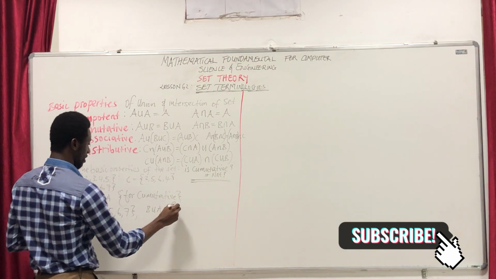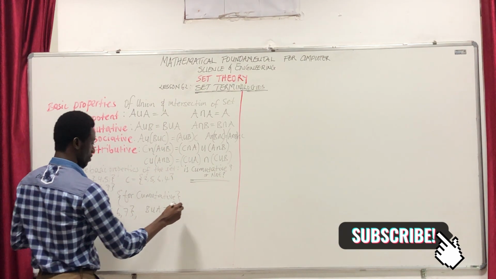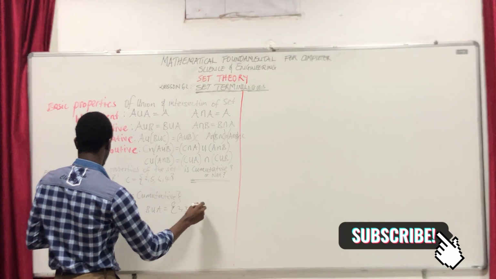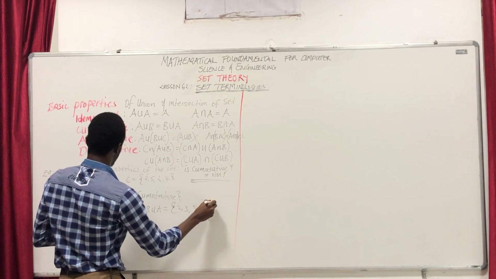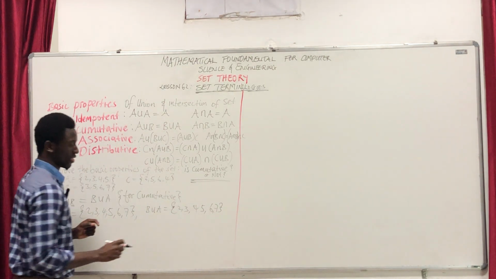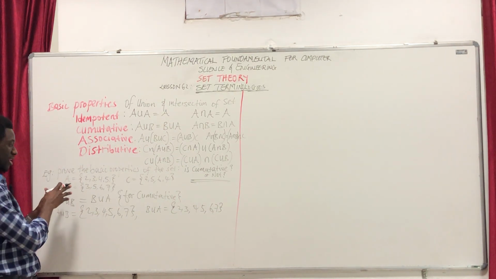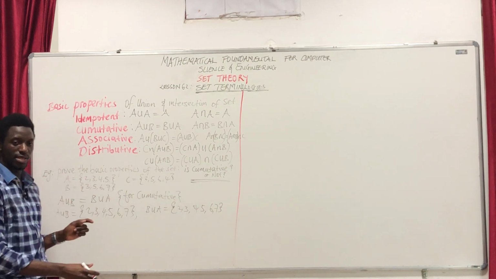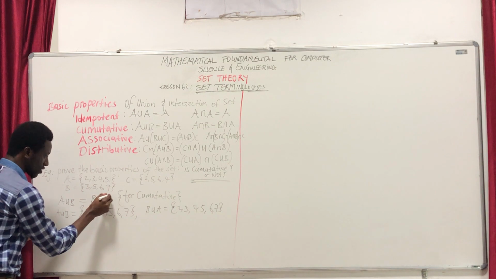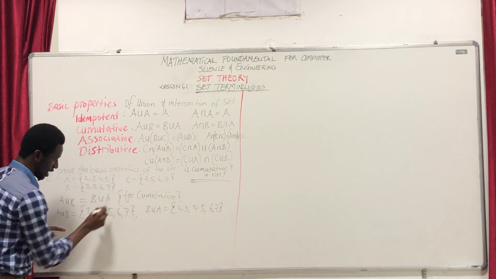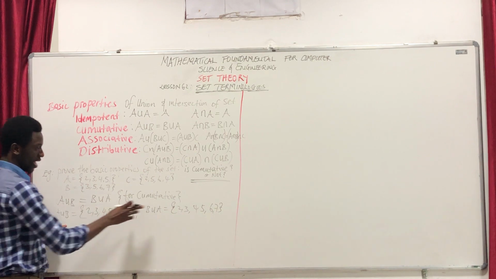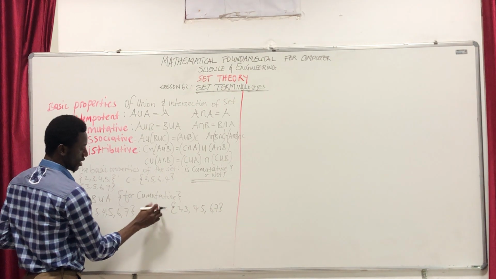So here we say again 2, 3, 4, 5, 6, 7. As we said earlier, all the elements in A and all the elements in B, but repetition is not allowed. So here, this condition is satisfied. As you can see, all the elements present in A union B are equal to B union A.